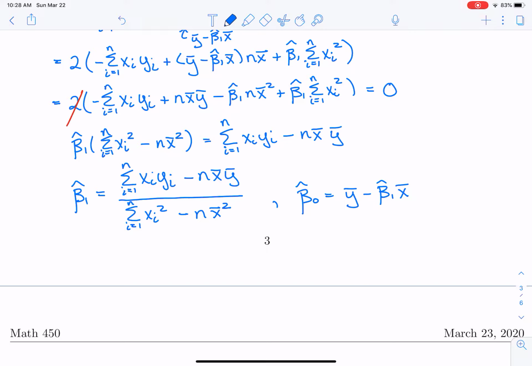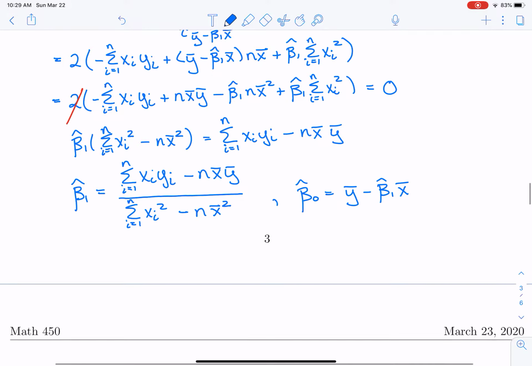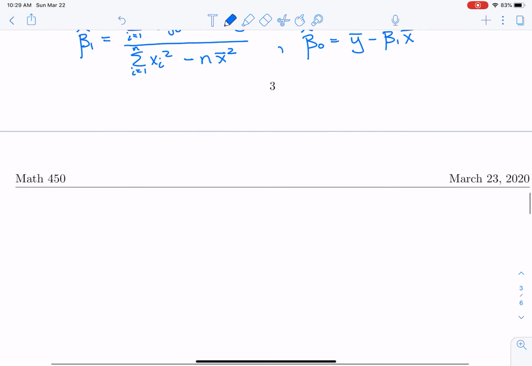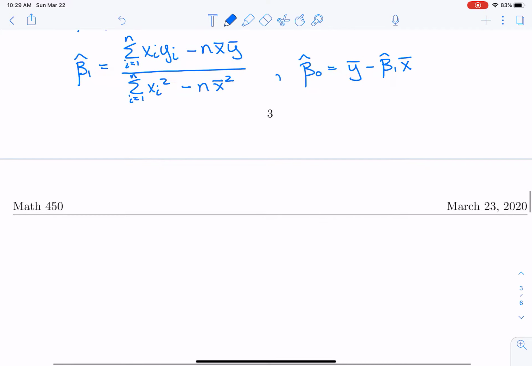But I want to try to get this in a slightly nicer form. So I'm going to do one more manipulation to get this into a nicer form. So I'm going to tell you that beta 1 hat can be written in this way. It can be written as the sum from i equals 1 to n of x sub i minus x bar times y sub i minus y bar.